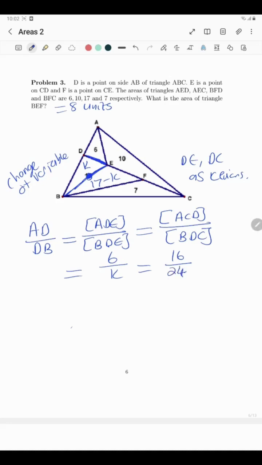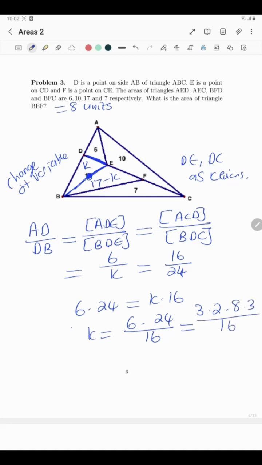All right, so what we have is the following: 6 over K must be 16 over 24. Doing the maths, we see that 6 times 24 is equal to K times 16. So K is going to be 6 times 24 over 16. If you are a little bit lazy, you can split up 6 as 3 times 2, and 24 as 8 times 3, all over 16.